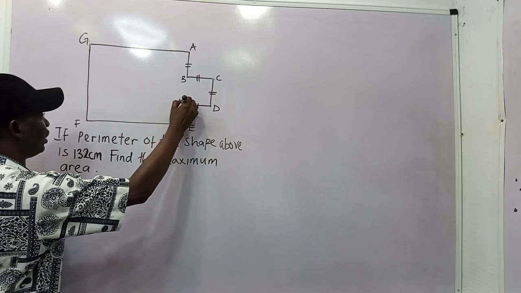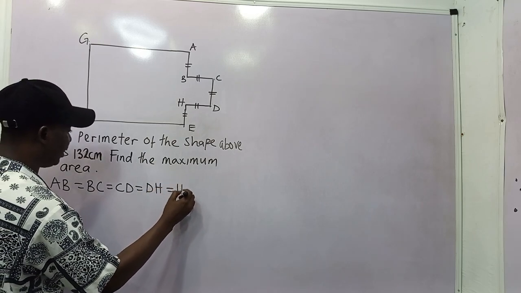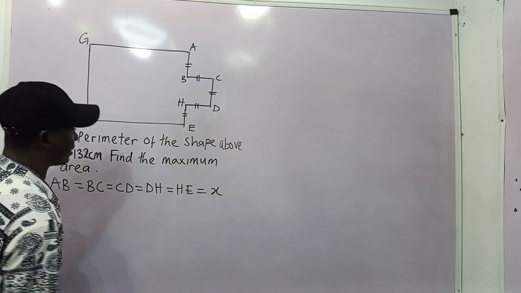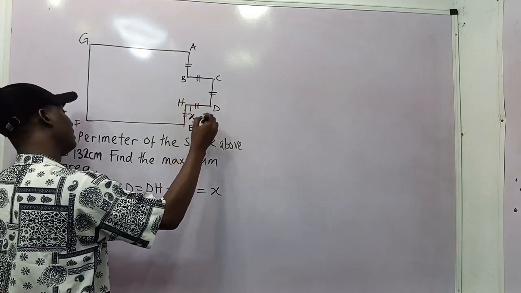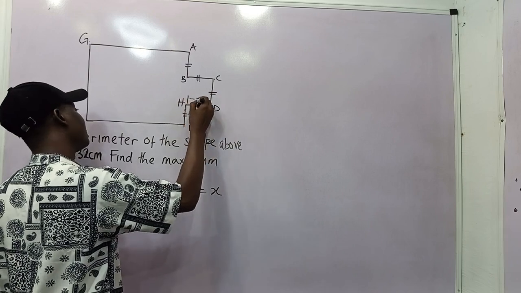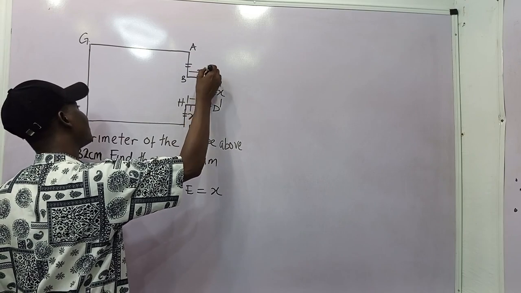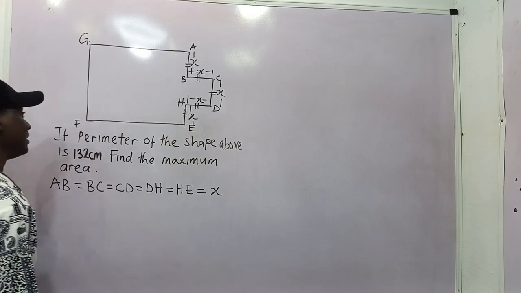Let's call this one H. Equal to DH equal to HE. Let all of them be X, for instance. So here will be X, here will be X, here will be X, here will be X, and so on. So that is all that.